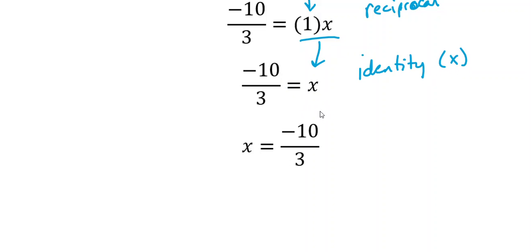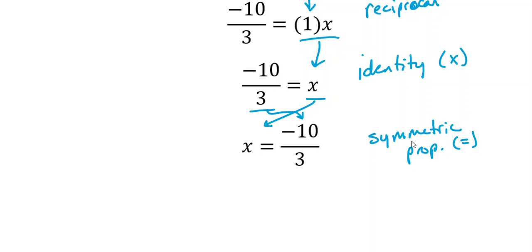And finally, we have -10/3 equals x. And then I swapped it around and I said x equals -10/3. What is that? That is the symmetric property of equality. And when you saw the symmetric property, you thought to yourself, I'll never use this. But it's the one that lets you change around an equation, swap sides of an equation.